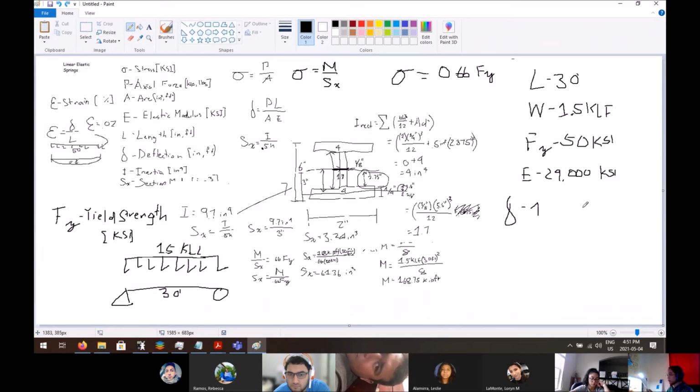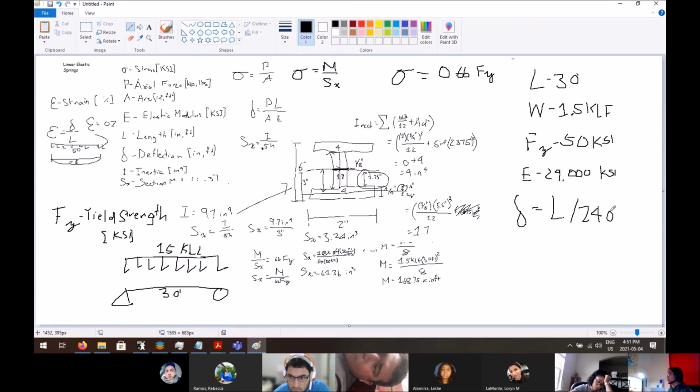Actually, we weren't given that. There are a few formulas that we were given in class. One of them was that total deflection should equal the length divided by 240, right?